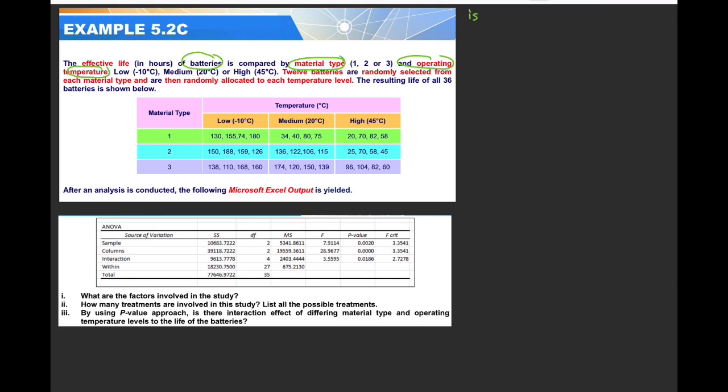Okay, is it different temperature and different material type give effect to the effective life of batteries?